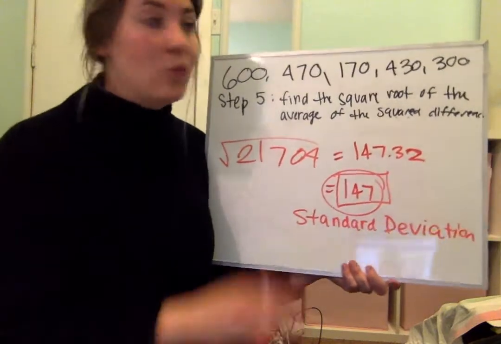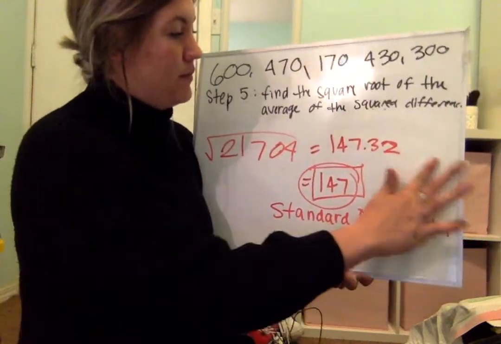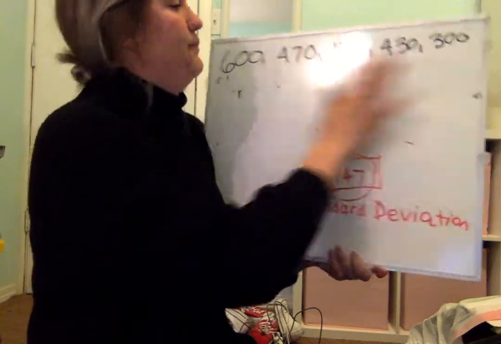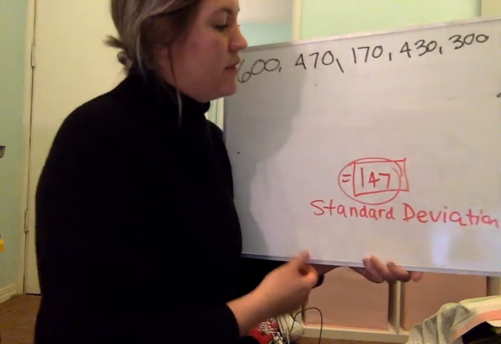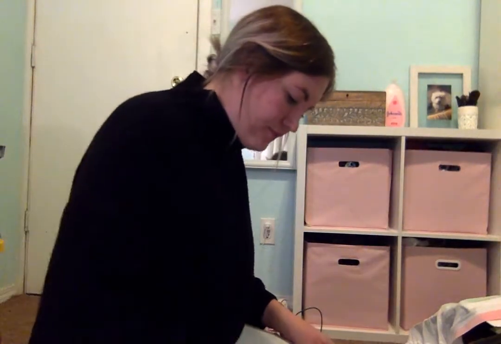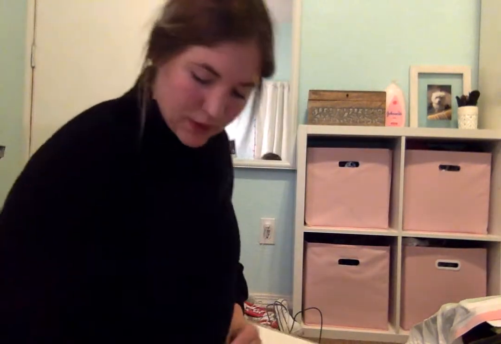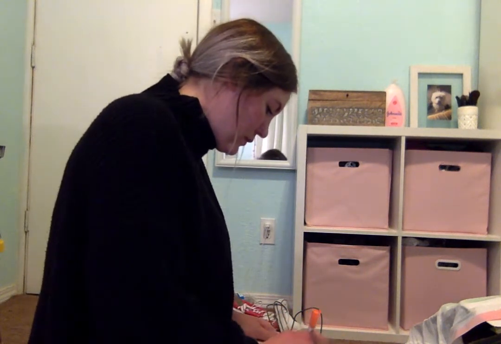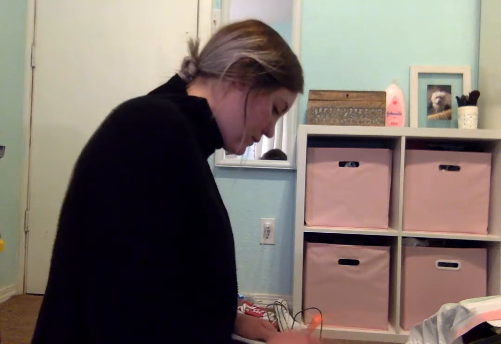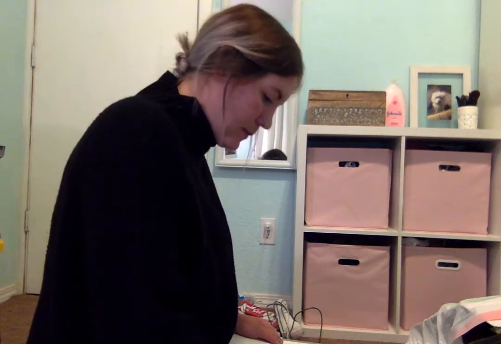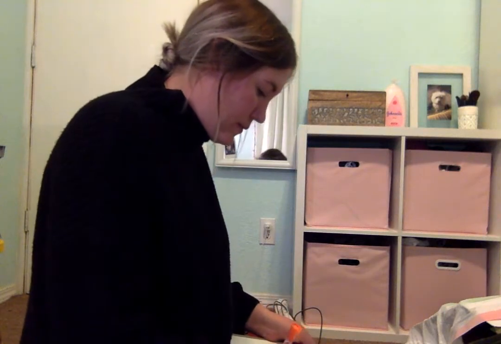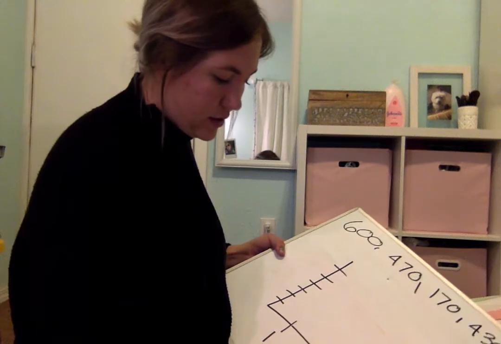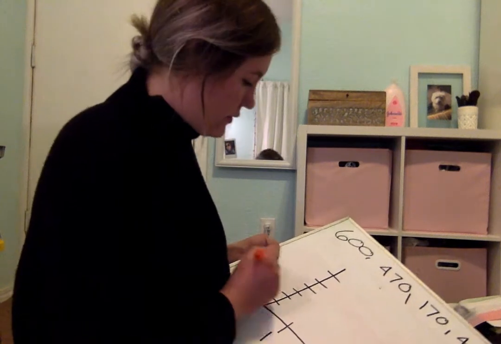Now, the reason why we find the standard deviation is so that when we're looking at these, we can graph them. So if we graph these numbers, give me just 1 second. Build our graph. So we're going to find our dog 1, dog 2, dog 3, dog 4, dog 5.